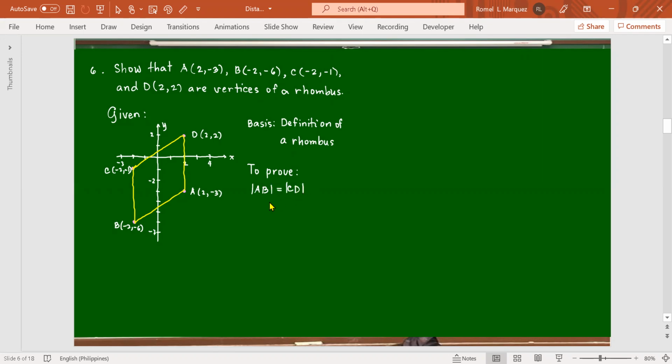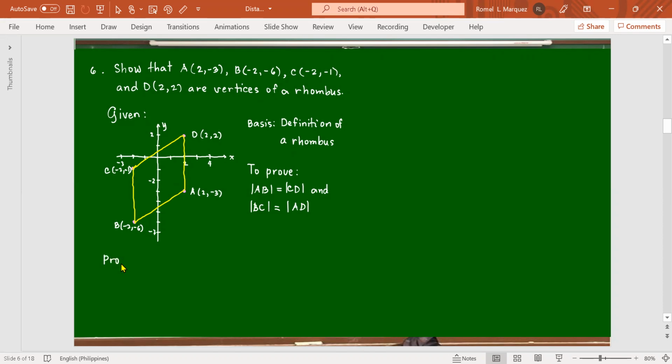Yes, sir. And BC is equal to AD, right? BC and AD, I think they are vertical distances, no? Or they are vertical segments.